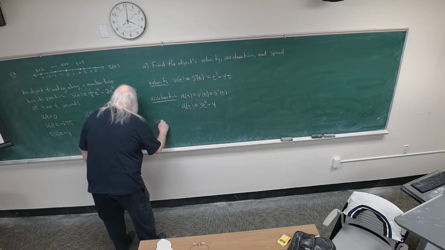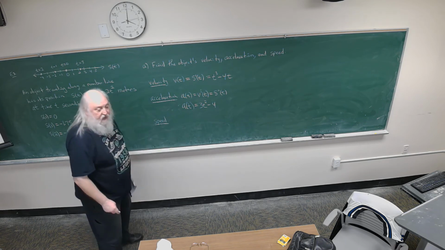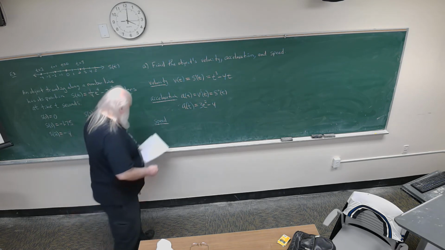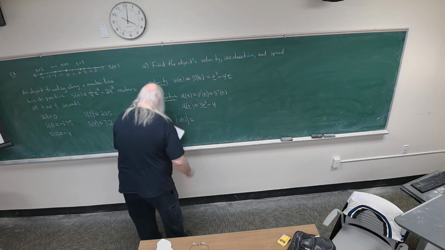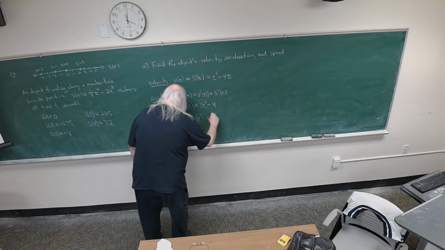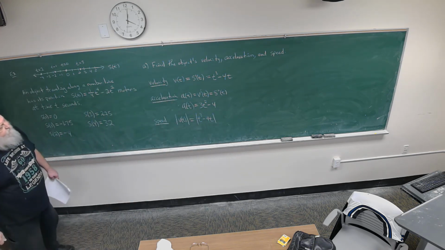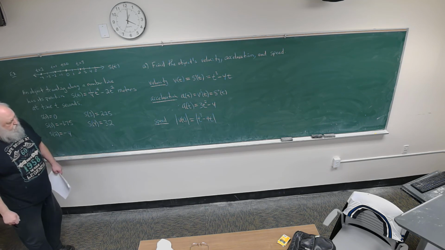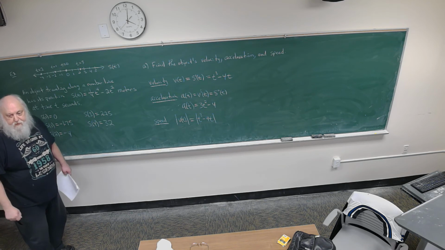The speed function is the absolute value of the velocity function, right? So speed is the absolute value of t cubed minus 4t. Okay? Hope we're all in agreement.